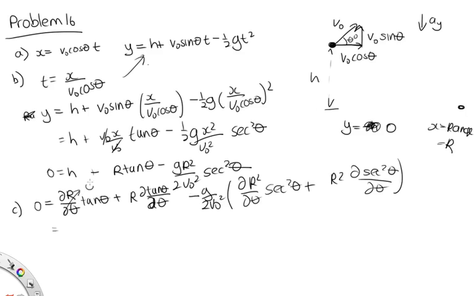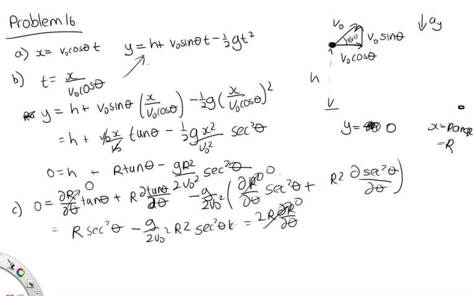So this is 0, and d r squared d theta is equal to 2r dr d theta. So this also goes to 0. So we've got r, the derivative of tan theta is sec squared theta, minus g over 2 v naught squared, we ignore this term at 0, r squared, the derivative of sec squared theta is sec squared theta tan theta.